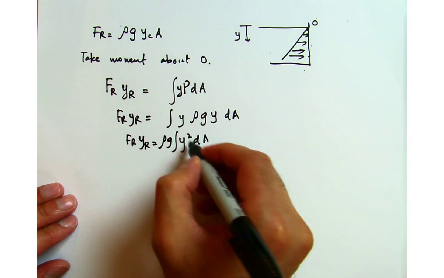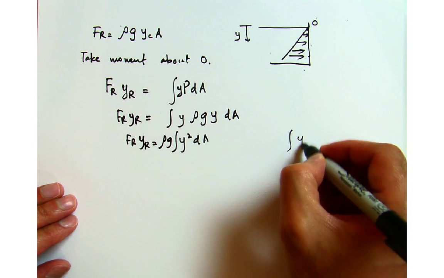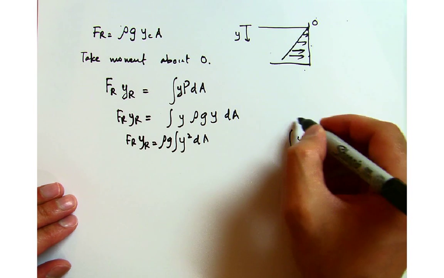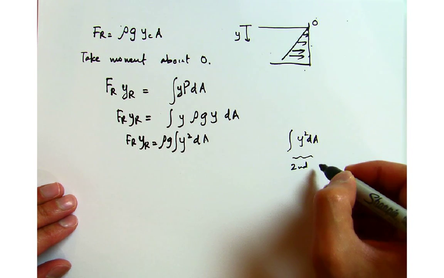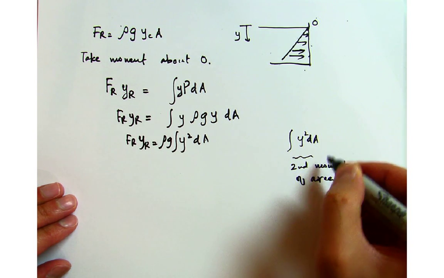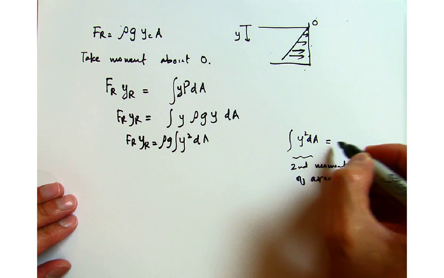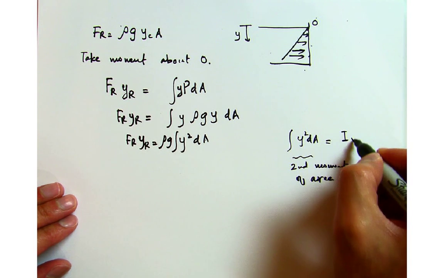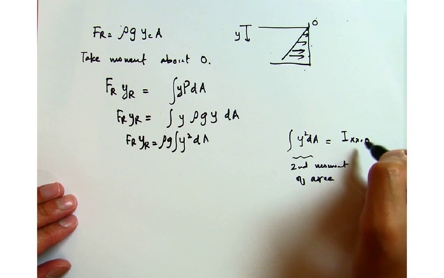And if you notice, this quantity, the integral of y squared dA, is known as the second moment of area. It is represented with I_xx,O.